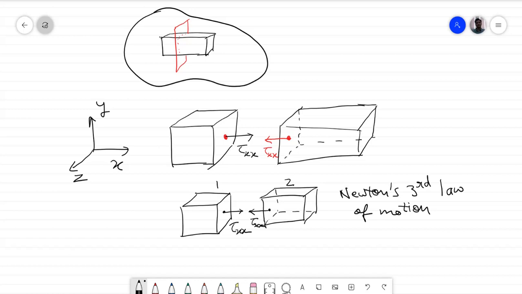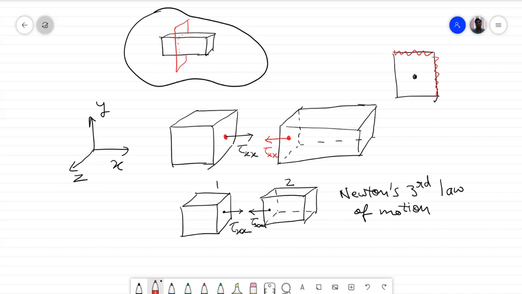Therefore, if at a particular point I draw this element which is infinitesimally small, it is sufficient to state stresses on these two faces only, if it is in 2 dimensions. If it is a 3-dimensional element, then there are a total of 6 faces, and 3 are in the positive direction and the other 3 are in the negative direction.